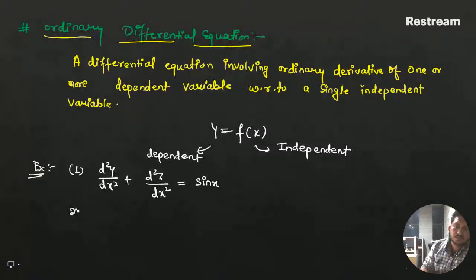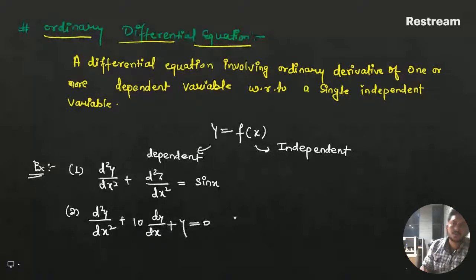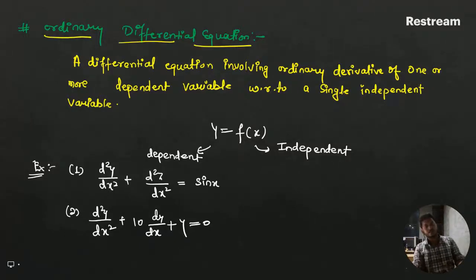And the second: d2y upon dx square plus dy upon dx plus y equals 0. So these are ordinary differential equations.